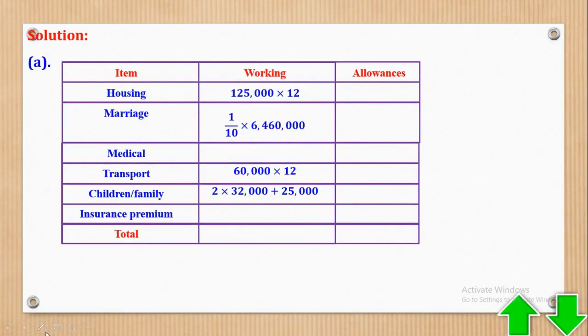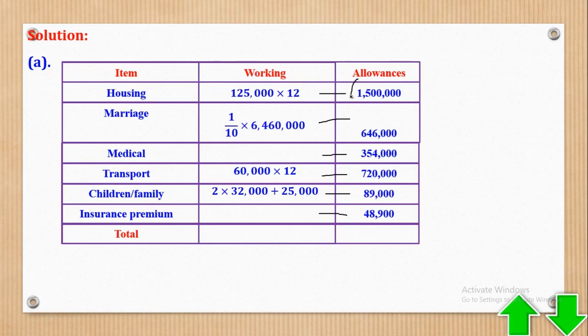So next is now to simplify. When I multiply housing, I come up with shillings 1.5 million, this one is shillings 646,000, this one is shillings 354,000, this one is shillings 720,000, this one is shillings 89,000, and this one is shillings 48,900.